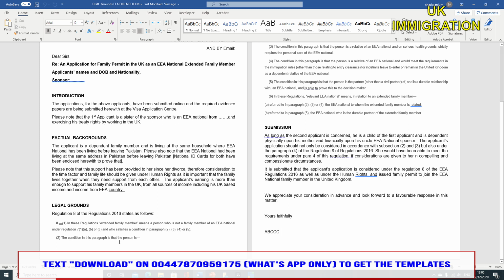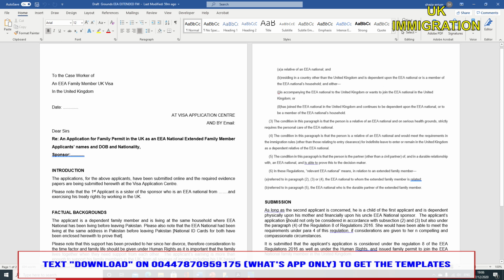For example, in the first part of Regulation 8, it says you have to be a relative of an EEA national, and also you have to be residing in a country other than the United Kingdom and be dependent upon the EEA national and/or a member of the EEA national's household. So what does this mean? Household. Sometimes people just ignore this point. Household means when you have been living together in the same house.